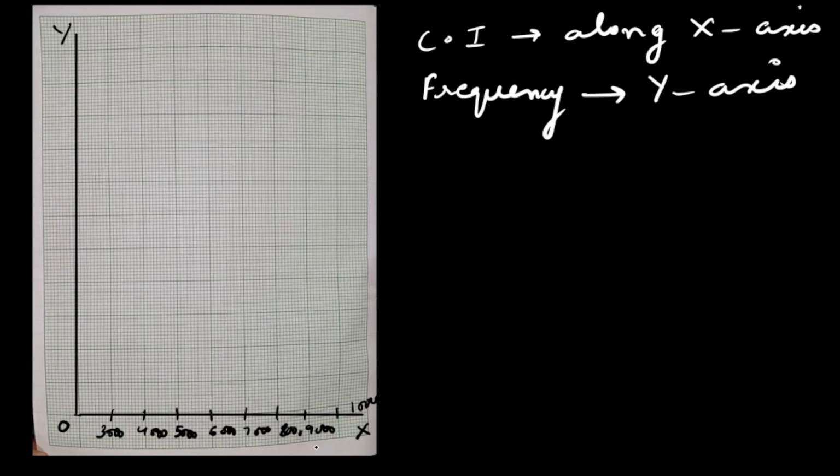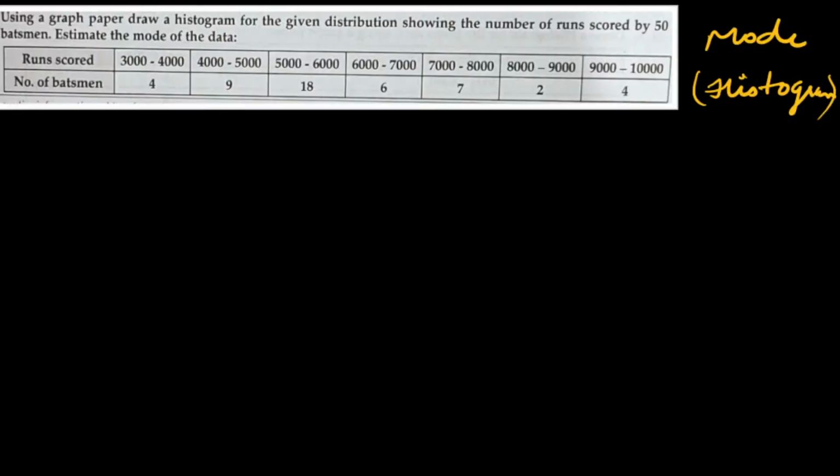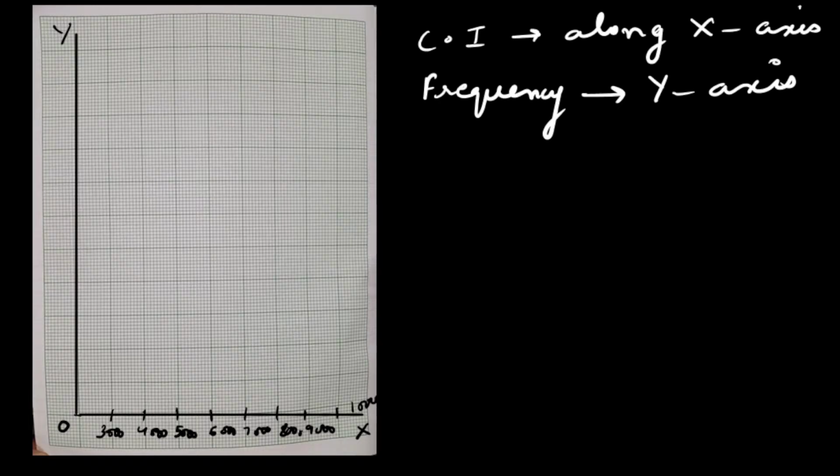Now along the y-axis we have to write the frequency. The frequencies are given to us in this form: 4, 9, 18, 6, 7, 2, 4. It goes up to 18, so we can assume the scale in steps of 5: 5, 10, 15, 20, 25.